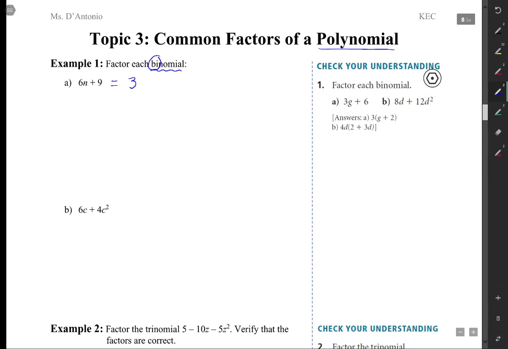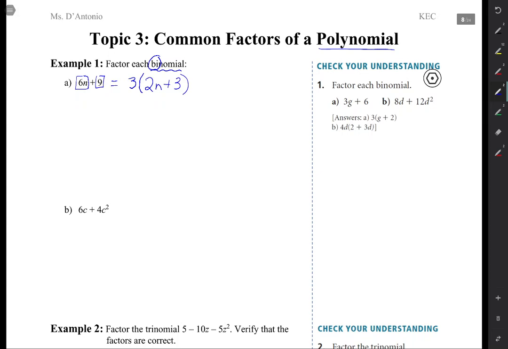So we write the 3 there, and now we open a set of brackets next to it. We need to think, 3 times what will give us 6n? Well, I know that 3 times 2 gives me 6, and we still need the n there as well. Now I'm going to put that plus sign, and think 3 times what gives me 9? 3 times 3 gives me 9.